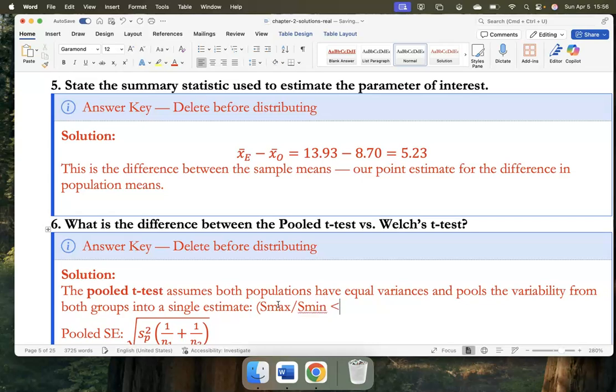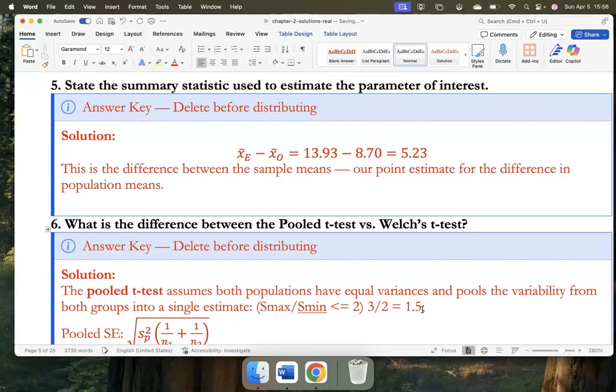And if that is less than or equal to 2, the standard deviations are approximately equal. Just so you can get a better sense of what I'm saying, 3 divided by 2 would give us 1.5. And I'm arguing that therefore the variability is about the same because it's less than or equal to 2.